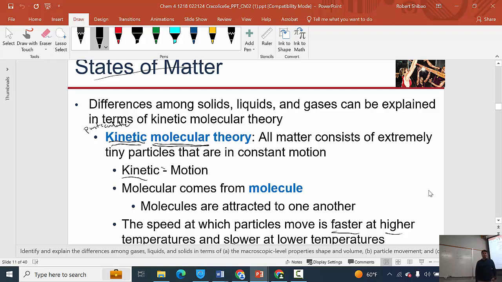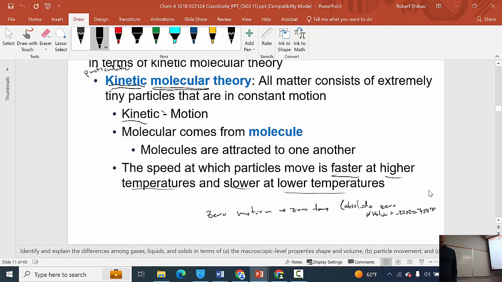You don't really see the molecular motion in static drawings here, so we try to visualize it more. At higher temperatures, what's happening with the particles? When we're looking at motion, at higher temperatures, they're moving faster. At lower temperatures, they're moving slower. We can move them slower and slower, and pretty soon they stop moving. When they stop moving, it's zero motion. At zero motion, we have zero temperature.